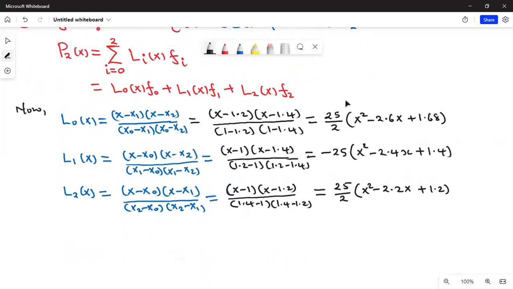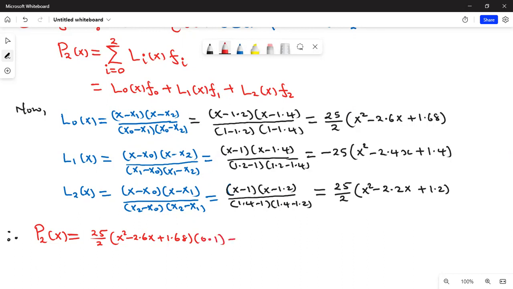Now let's substitute this back into our polynomial so that we get it as a function of x. So you can say that therefore our P2 of x is equal to L naught times F naught. So that's 25 over 2 x squared minus 2.6x plus 1.68. What was the value of F naught? You can read it from the table. That was 0.1.